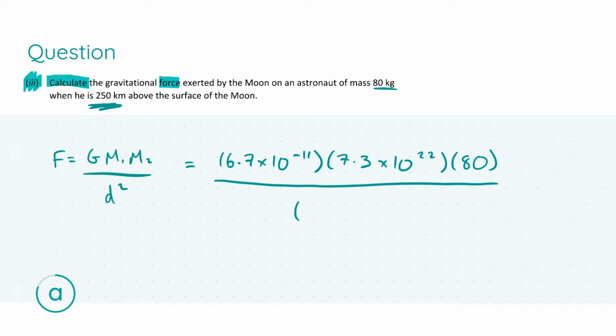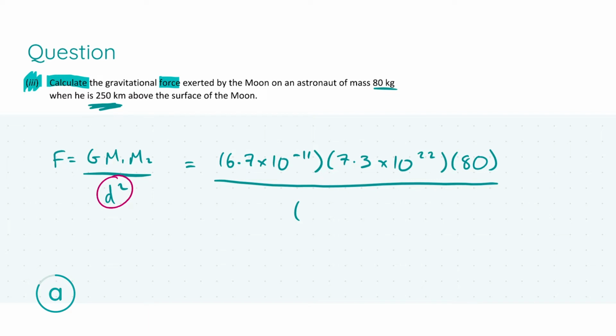Because the astronaut is orbiting at 250 kilometers above the surface of the moon, it means that we have to add on the radius of the moon as well. The reason is that in Newton's gravitational formula, the d squared on the bottom is the distance of the orbiting body from the center of gravity, and the center of gravity of the moon is at its very core.